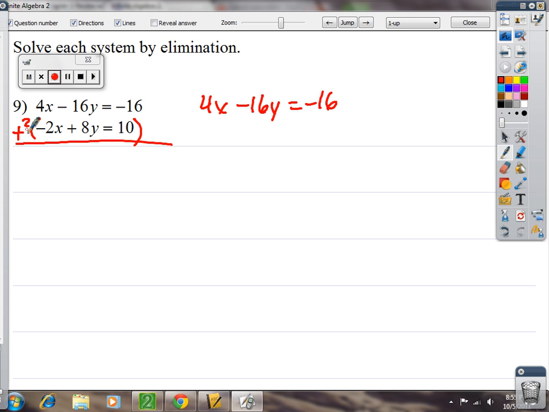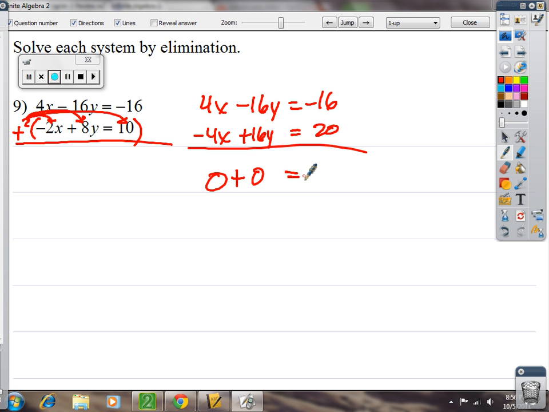For the bottom equation, 2 times negative 2x is negative 4x, and right there is my 0. 4x minus 4x, there's 0. But now I have to multiply every piece by 2. So 2 times the 8y is 16y, and 2 times the 10 is 20. Now look at this, my y's are going to cancel also. So 0 x's, 0 y's, and over here I've got 4.